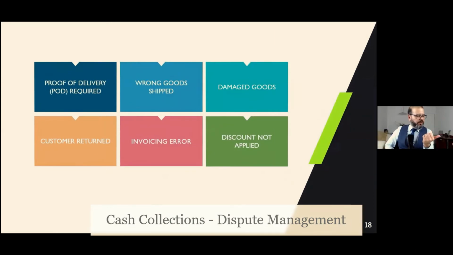For example, proof of delivery required. Customer comes back to you asking, okay, you're claiming that you have delivered a certain, let's say, material, but we don't have the delivery. So do you have the proof of delivery to show me? When we talk about proof of delivery, it also could be an acceptance certificate, let's say for a service that you have completed.